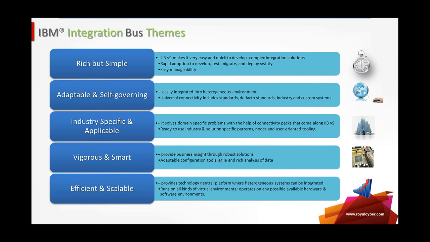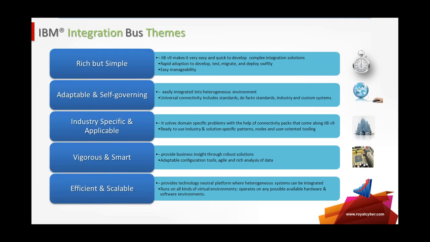How does IIB enable that? It has inbuilt business intelligence components, which help the business take smart decisions on time. And why is it possible? Because it provides out-of-the-box analytic features and business tool capability.